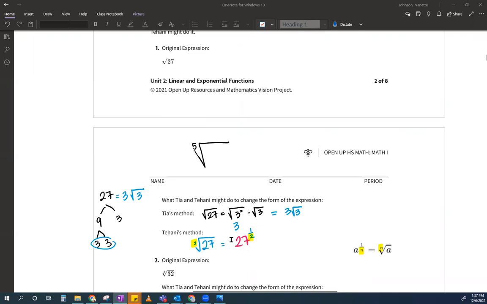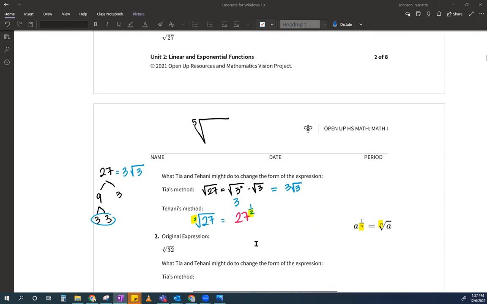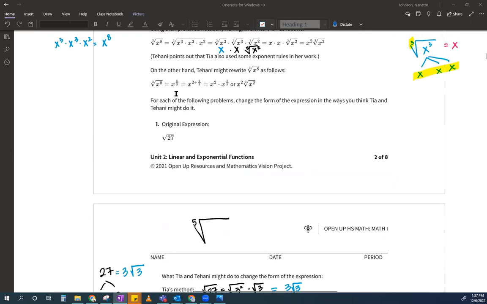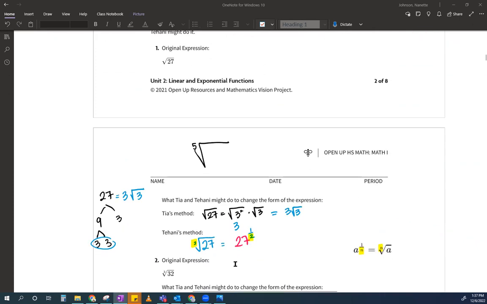Yes? Okay. And then from here, going back up here, you're now trying to break it down to look at what 27 is. So I'm going to break down 27 into 3 cubed. See, 1, 2, 3. So I'm going to remind you, let's write it over here.